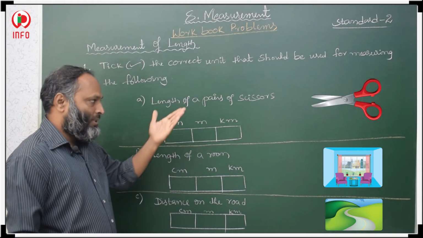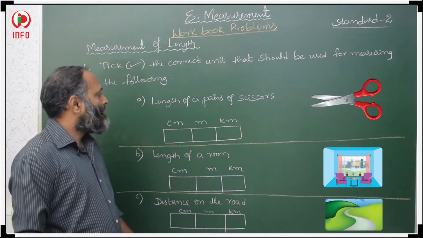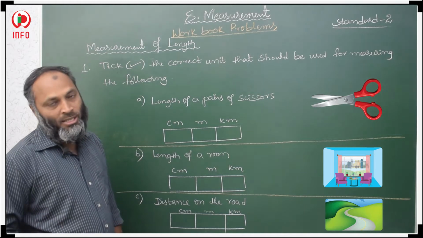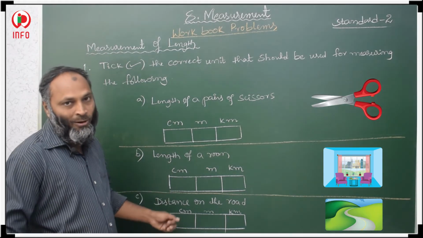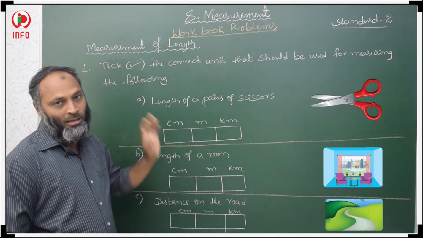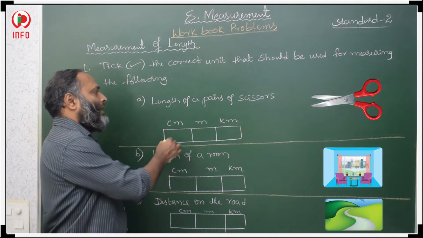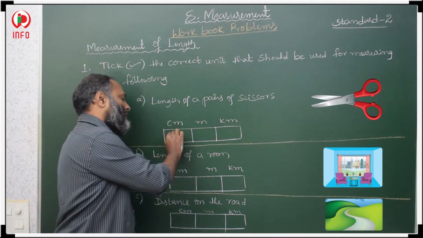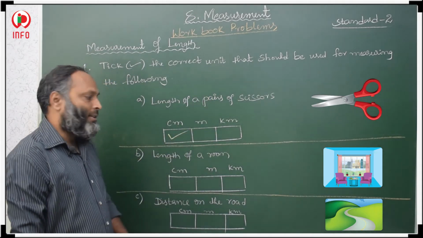We have to measure the scissors using a centimeter scale. No need to take a meter scale, it is a very long scale, and a kilometer is a very large length. So only a centimeter scale is enough to measure the length of a pair of scissors. Centimeter is the right answer.